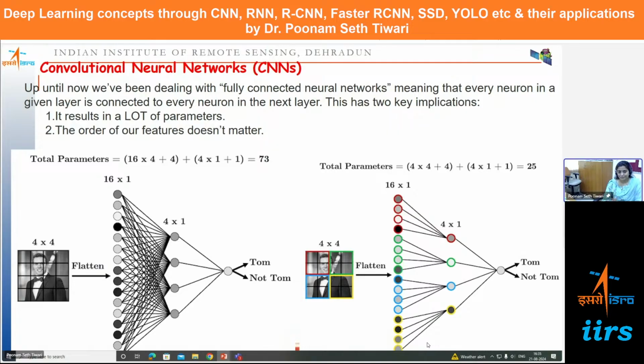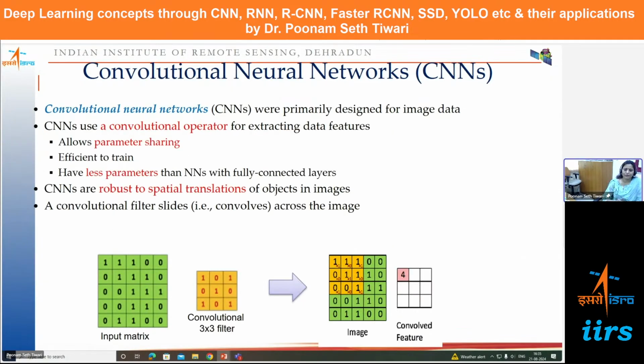This is just a descriptive explanation. In reality, CNNs are designed mainly for image data. In a CNN, we use convolutional filters.